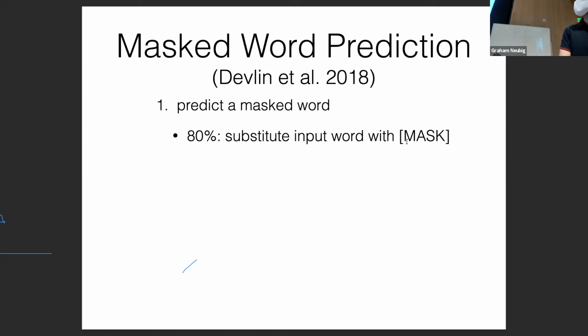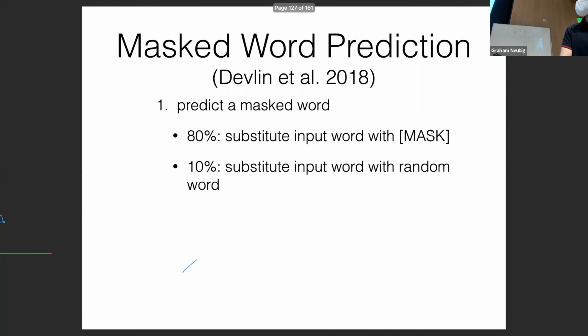And in BERT, 80% of the time, this word is substituted with a special token called mask, which basically says, I don't know what this token is. 10% of the time, it's substituted with a random word. And 10% of the time, there's no change. So you just keep the original word. And this is done for 15% of the words in the input.